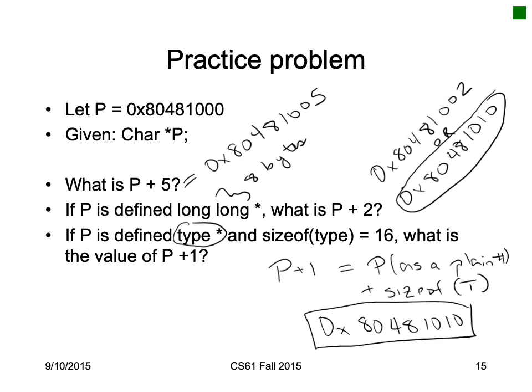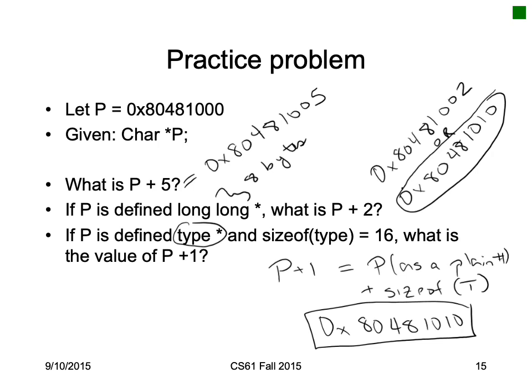Is it 0x80481002, or is it 0x80481010? Well, if p were still a character, this would be right, but p is not. P is a long, which is 8 bytes. So if we're going to add 2 of those, that's 16 bytes. 16 in hex is 10.